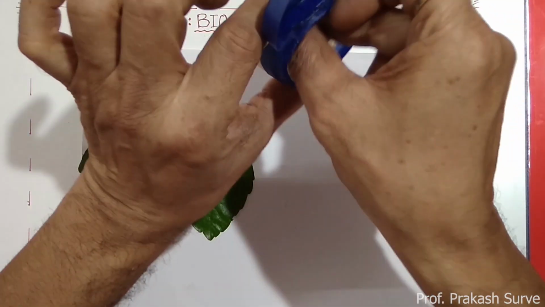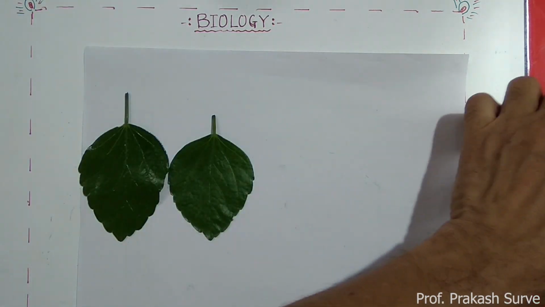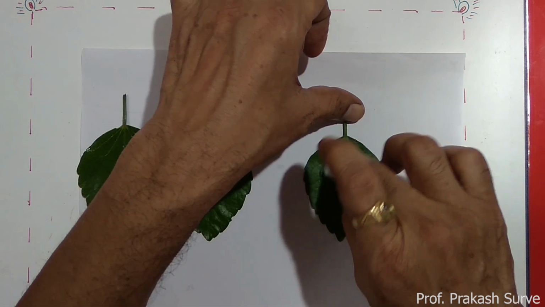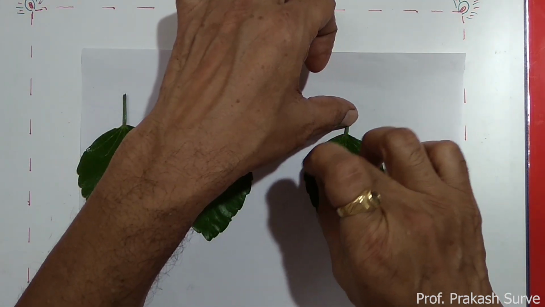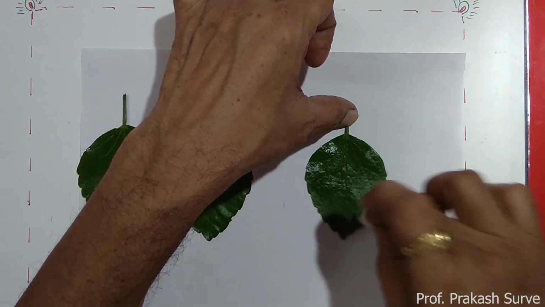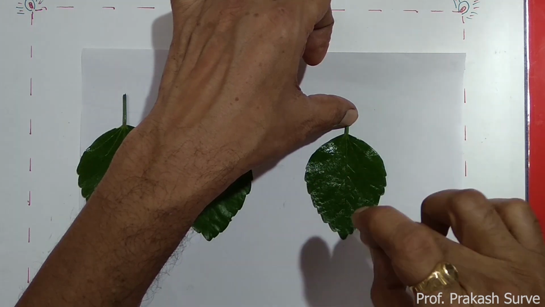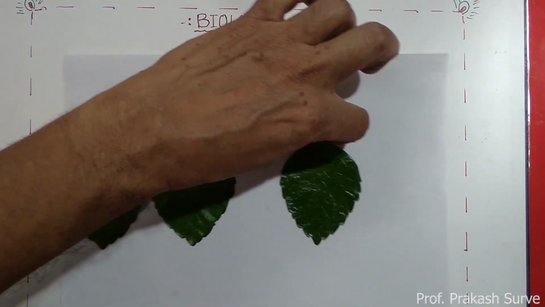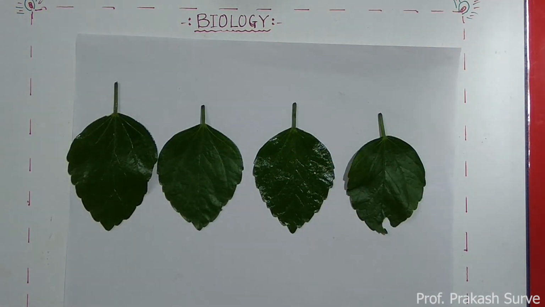Now the third leaf I will take. For the third leaf I will apply the Vaseline on the upper surface only, lower surface will be free. So all the stomata present on the upper surface are closed, and the next is leaf D where the Vaseline is not applied at all.